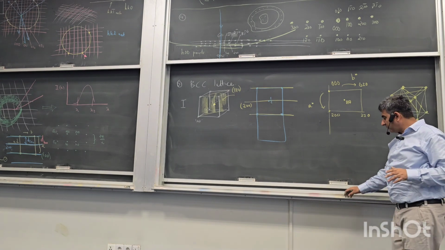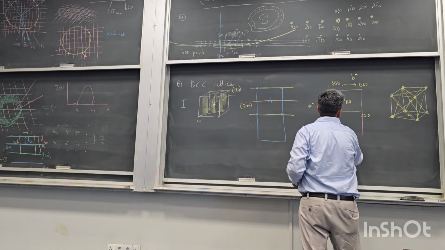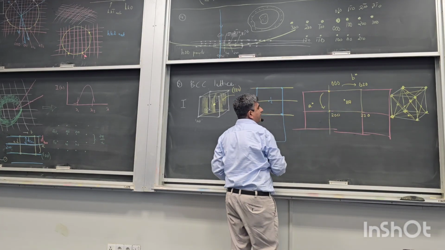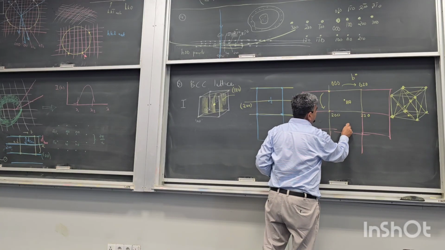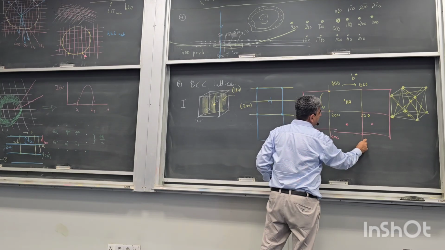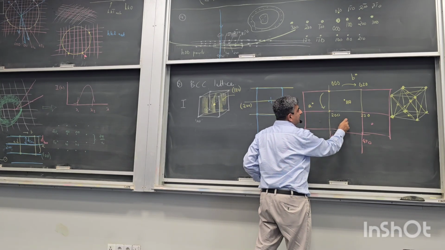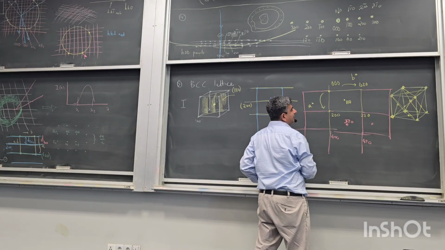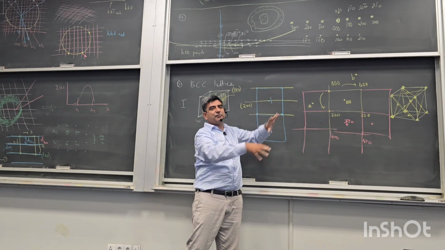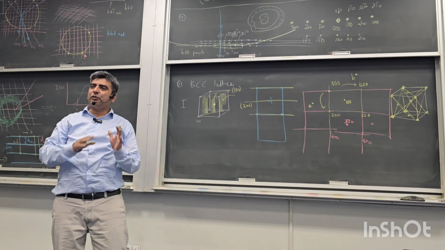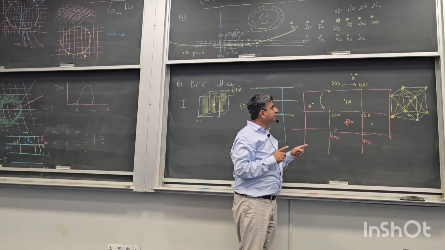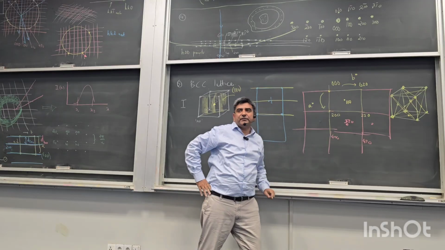Now from the perspective of X-ray diffraction, if I repeat this, here will be 4, 0, 0, this will be 4, 2, 0, this will be 3, 3, 0, and so on. So if you look at all these reciprocal lattice points and I put an Ewald sphere onto this reciprocal lattice, I can only get reflections from planes which have HKL values such that the sum of their HKL values is even.